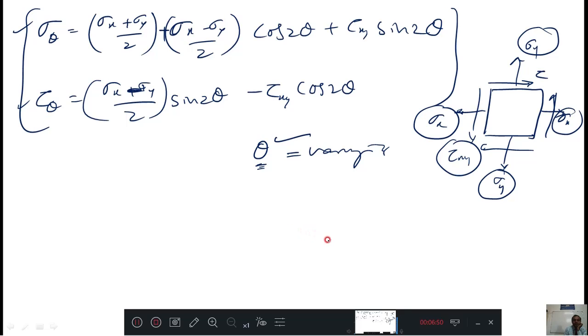Will you agree with this one? If not, then just rewind the timeline, go back and understand again. Okay, now if you are okay with this, by varying theta, I can have different values of sigma theta and different values of tau theta. Agreed now?